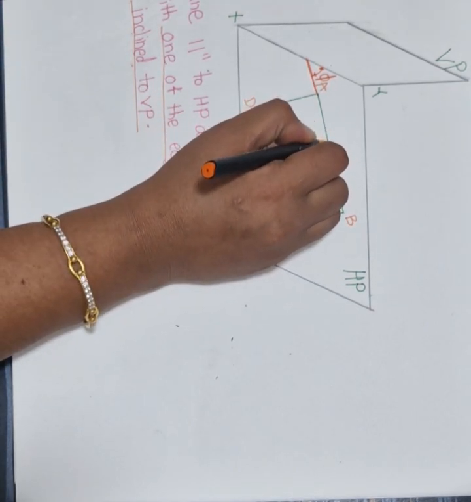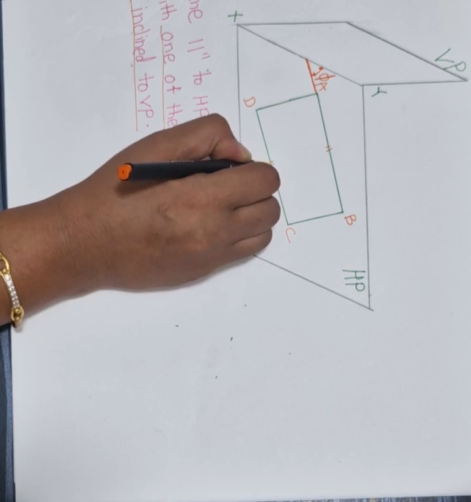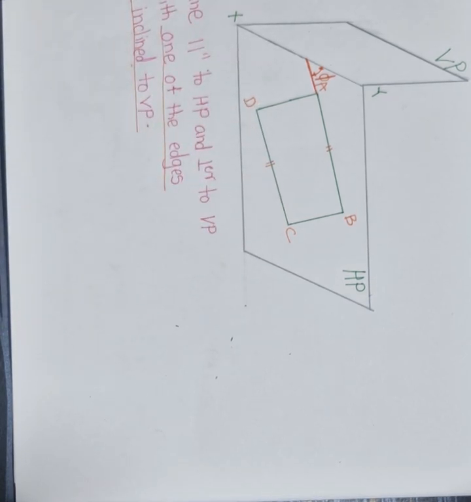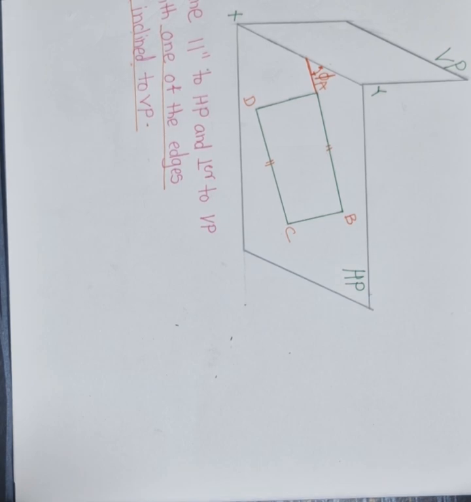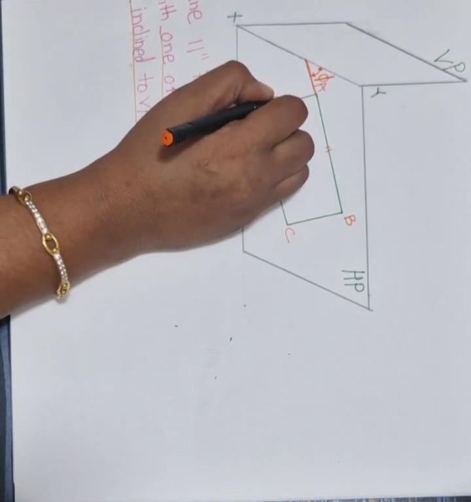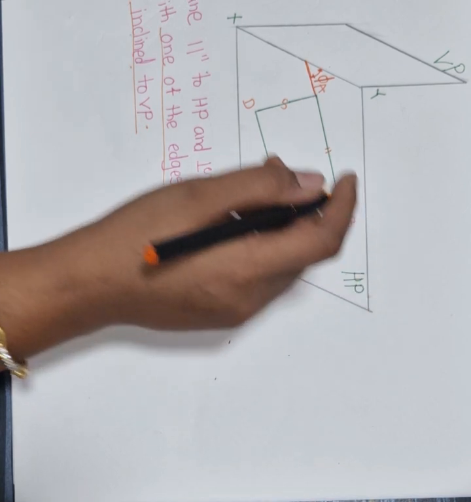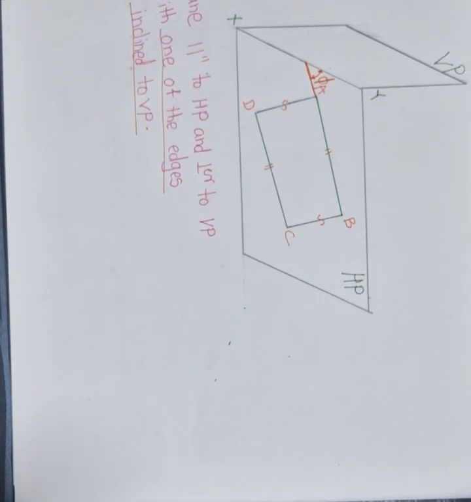As this longer edge AB and longer edge CD are parallel to each other, both the edges will make the same angle with the VP, and these two edges are the same length and parallel to each other.